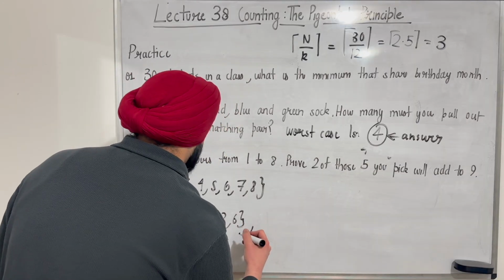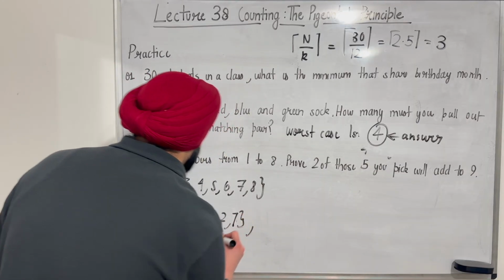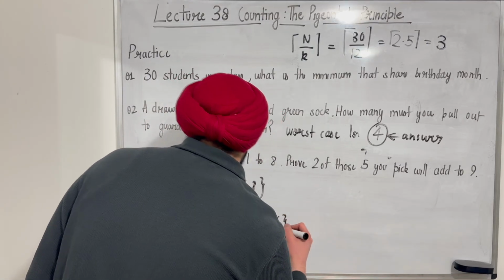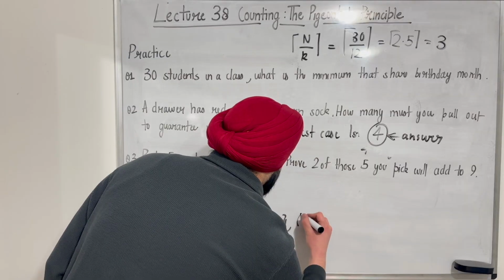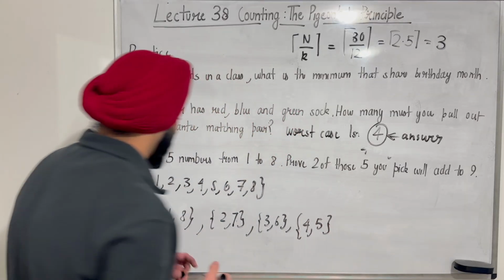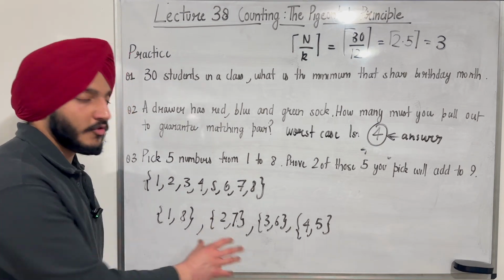Then you have 2 comma 7 add up to 9. Then you have 3 comma 6, and you have 4 comma 5. Okay, so these are all the pairs that would add up to 9, right?